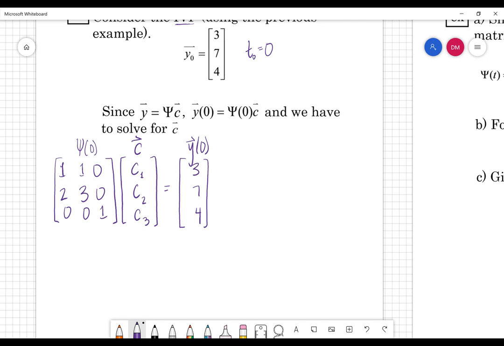Okay, so using our matrix equation properties that we've learned, we could do a couple different things. In order to solve this, we could find the inverse here. You have a variety of ways of doing that, and that's the method that we're going to use here, the inverse of this fundamental matrix. And I'm going to shortcut that for us because I have the fundamental matrix here for you.